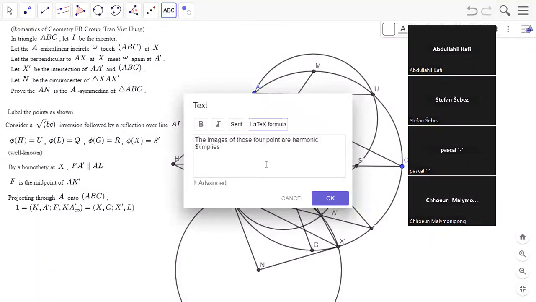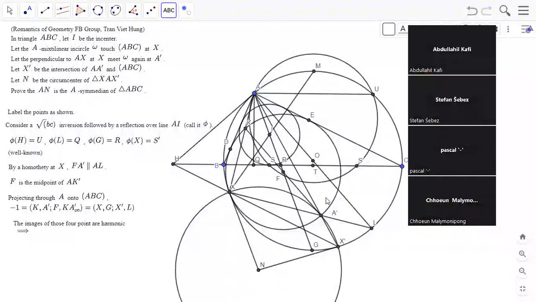So that implies, okay, that means that X goes to S prime.